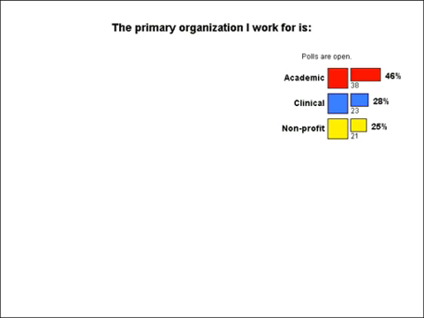Okay, so it looks like about 45% of you are in an academic setting, so you might have fairly lax policies, but we're still looking at potentially close to 1/3 in a clinical setting.